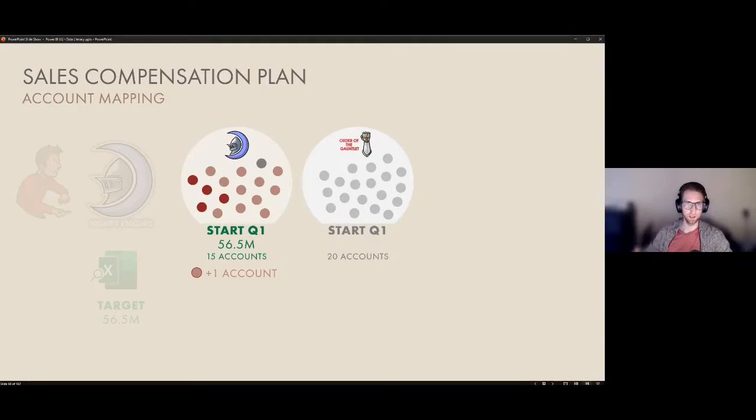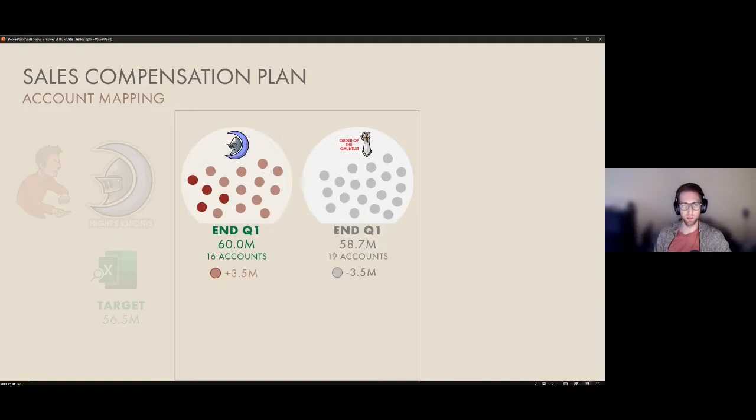So Nights grew by 1 account, and another one of our key customers shrunk by 1 account because one of its legal entities was acquired through Nights. We have a target for that customer, so the result was that the target moved from one group to another. The master data changed. That's all that happened. But the consequence was that the target for Nights changed from 56.5 to 60 million.